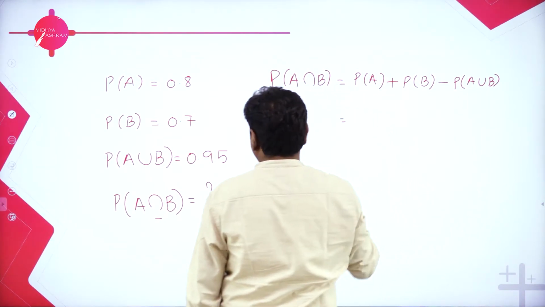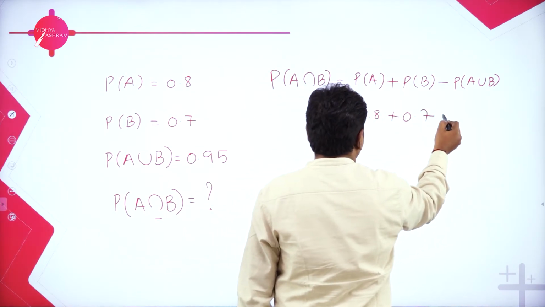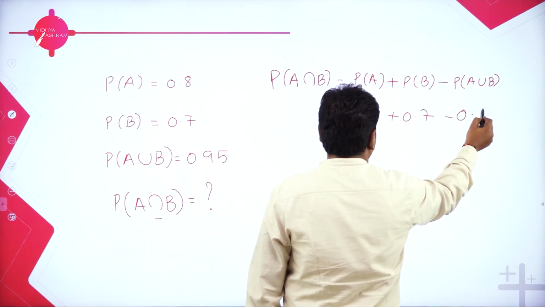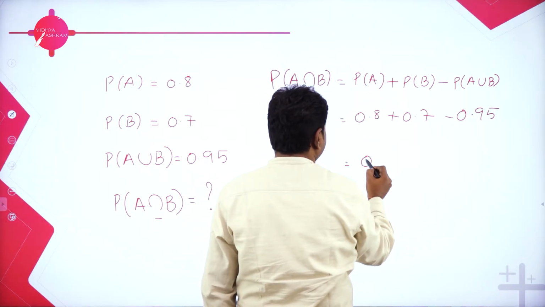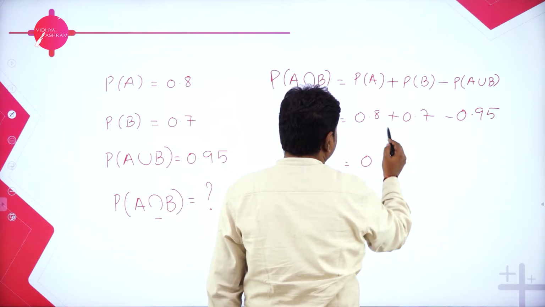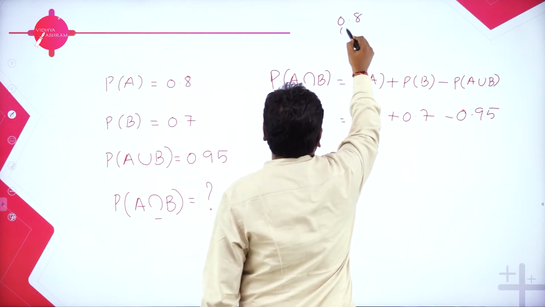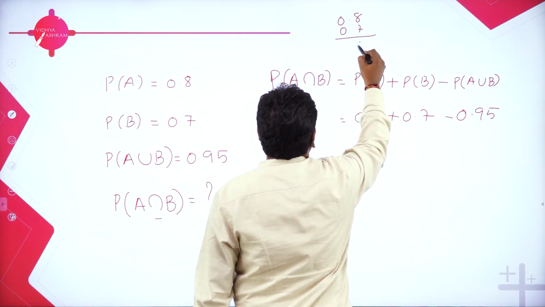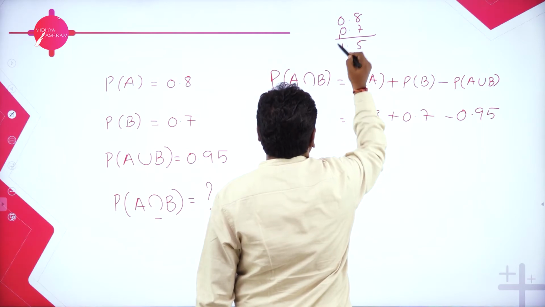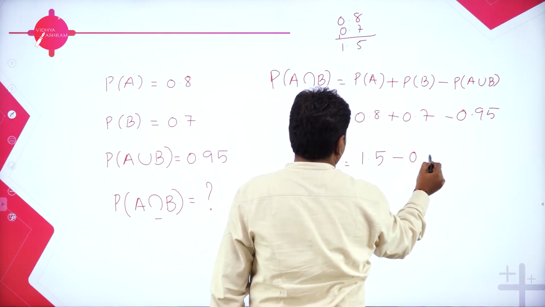So all of you know the value of P of A. P of A is 0.8 and P of B is 0.7 and minus 0.95. So this will become 0.8 plus 0.7. 0.8 added to 0.7, 8 plus 7, that is 15, that is 1.5. 1.5 minus 0.95.